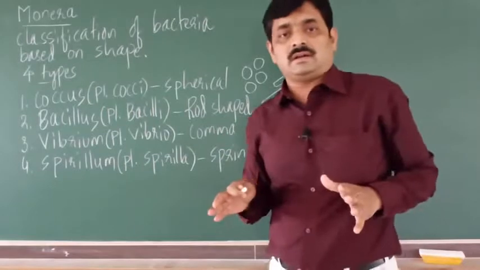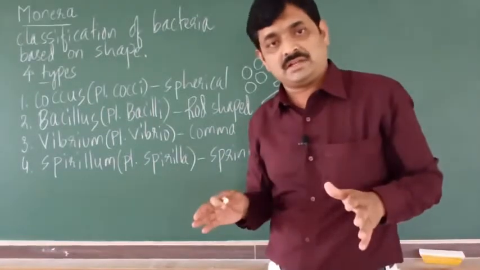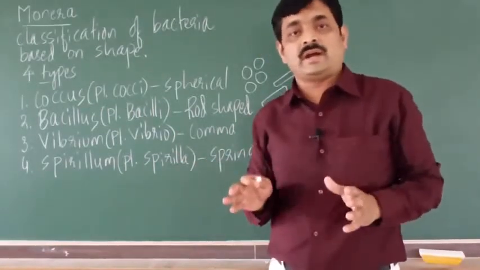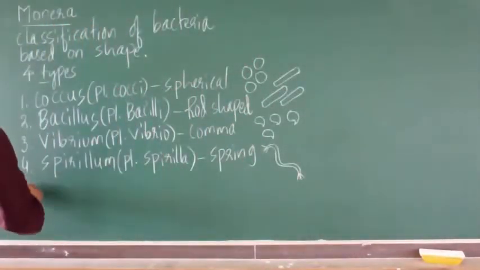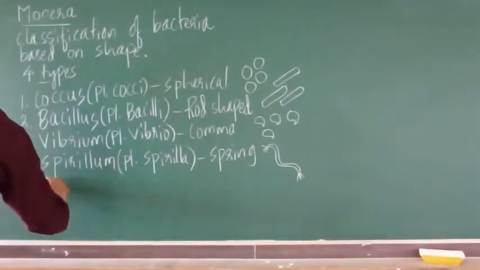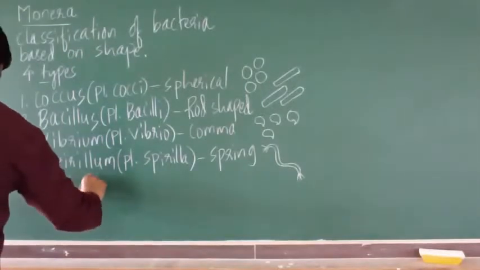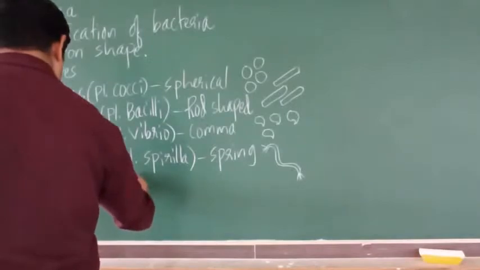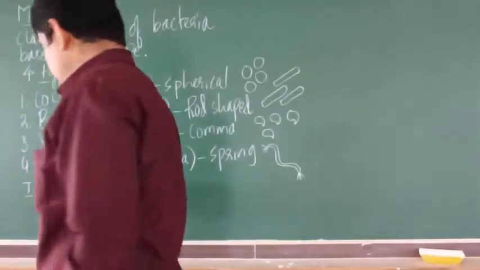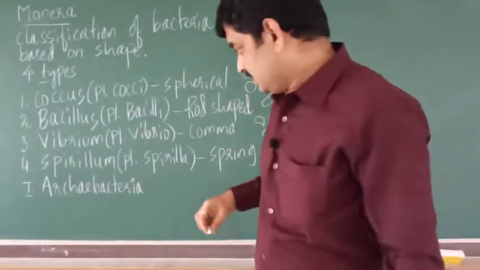So kingdom Monera, as I told you, includes all bacteria. These bacteria are divided into 3 groups. The first group is the Archaebacteria.